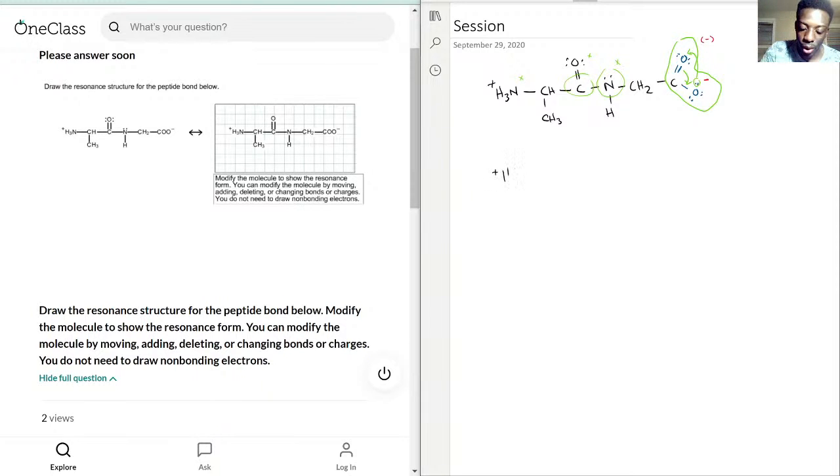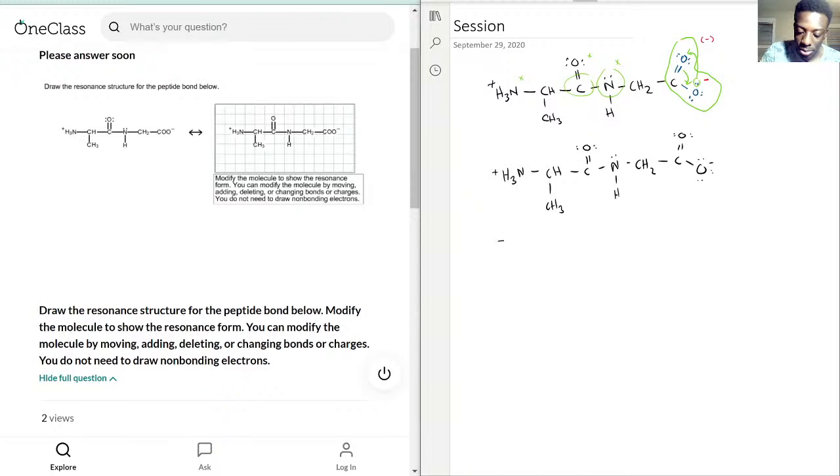So really, we have this, okay, CH2 and COO. That is our first resonance structure. You can add in the electrons if you want and just keep consistent. I will, even though it does say you don't have to, but just that way you can kind of keep track a little bit easier.